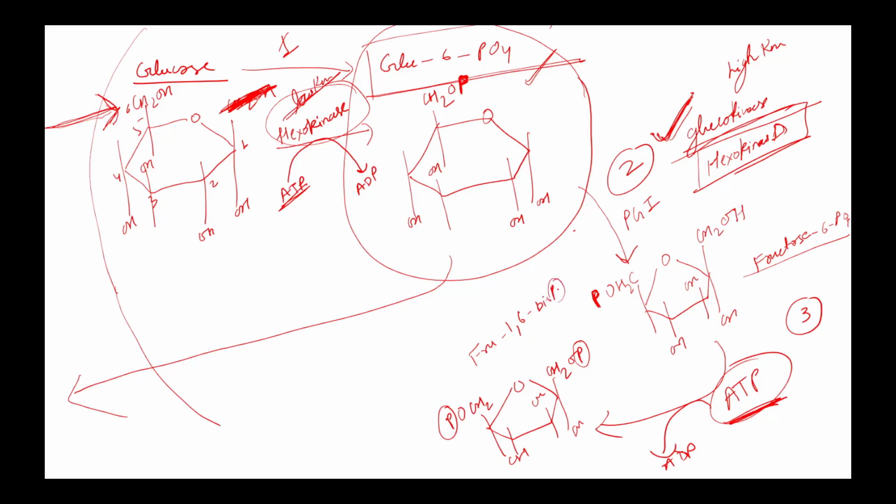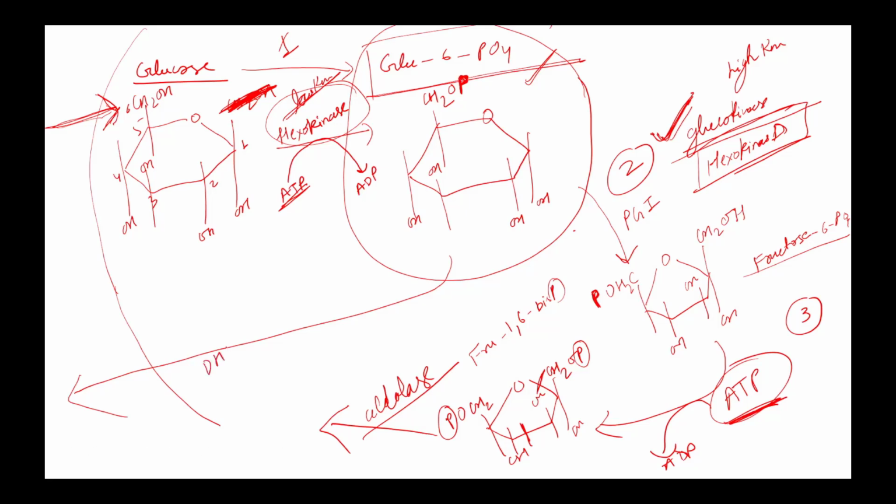So this structure, and then there is a cleavage in this reaction which is performed by the aldolase enzyme, and this breaks the chain, this ring, and makes two structures, one which is called glyceraldehyde 3-phosphate and another which is dihydroxyacetone phosphate.